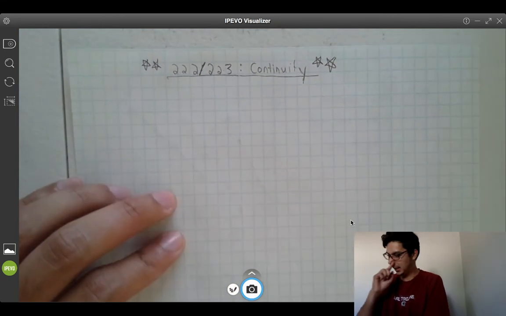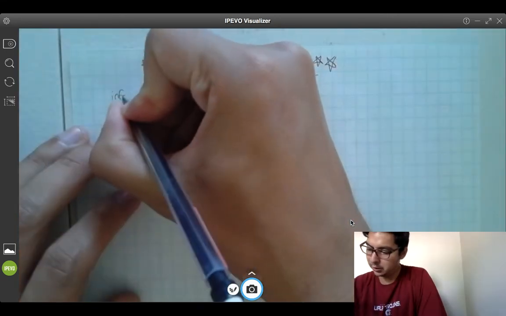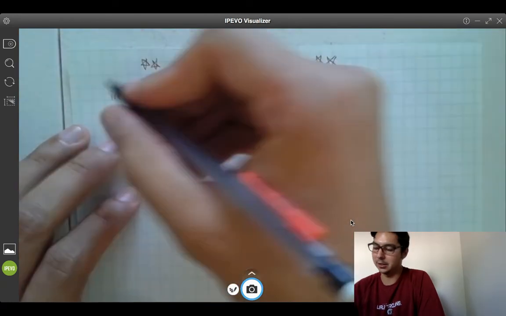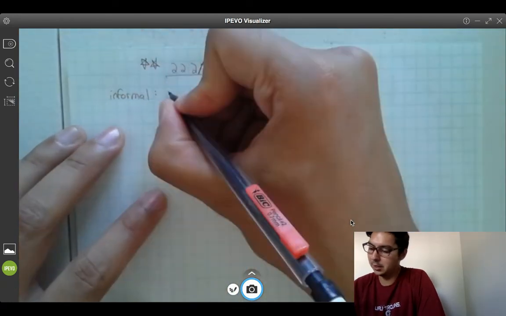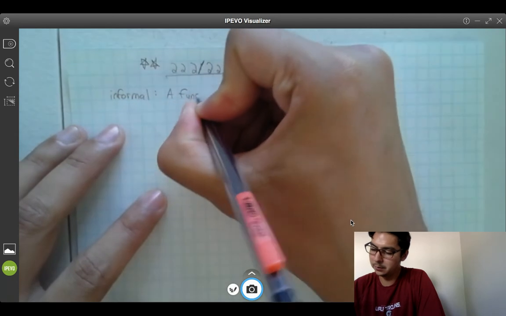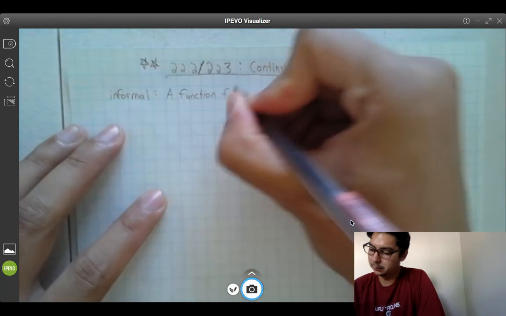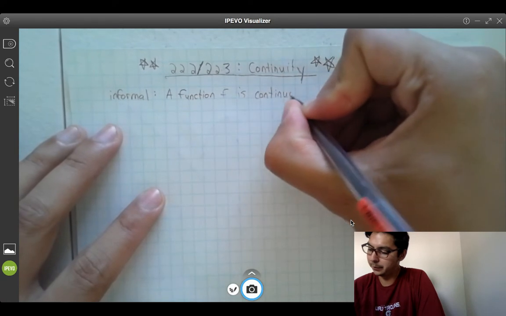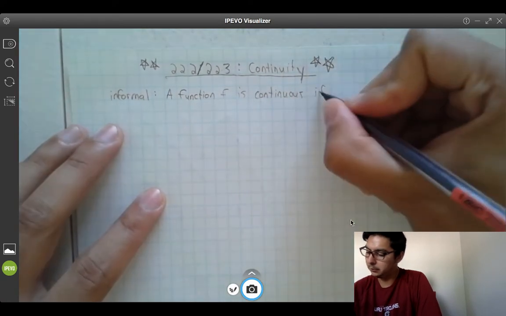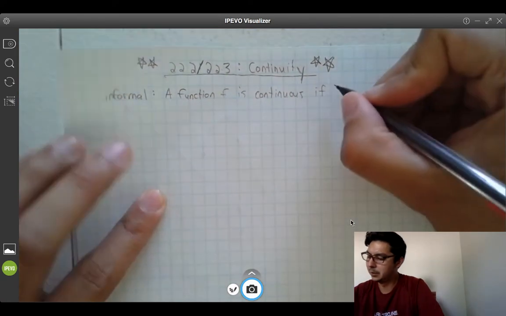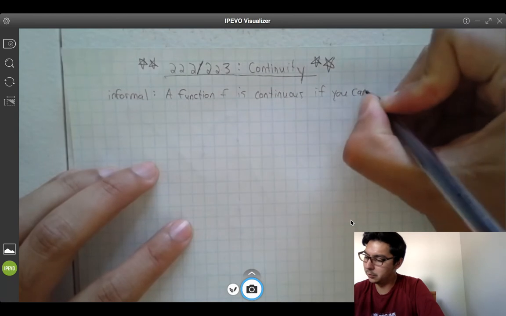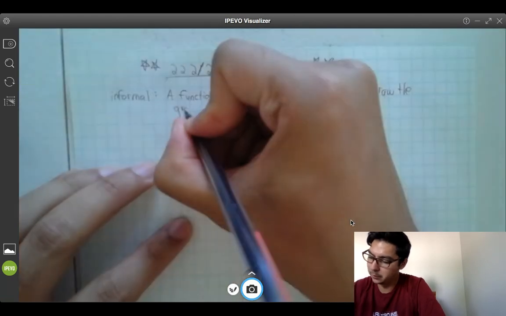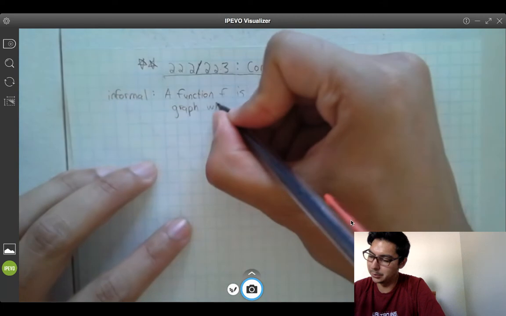All right. Now remember that the informal definition of continuity is, we said a function f is continuous if you can draw the graph without lifting up your pencil.